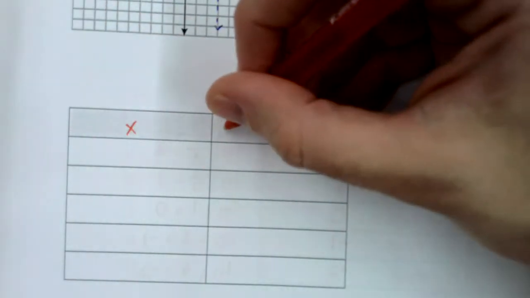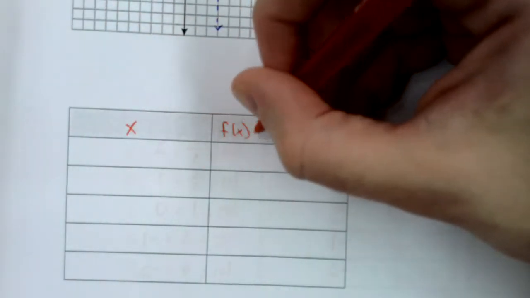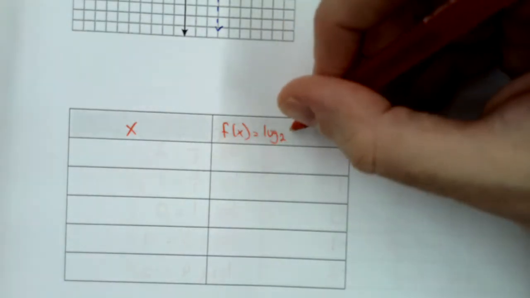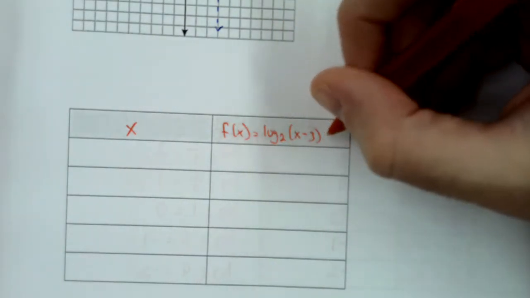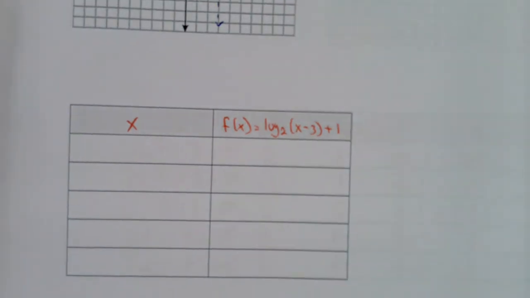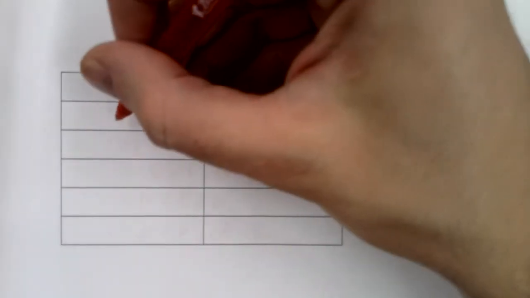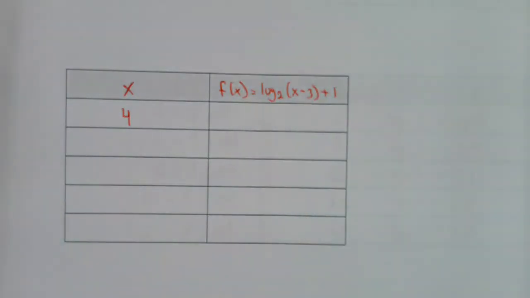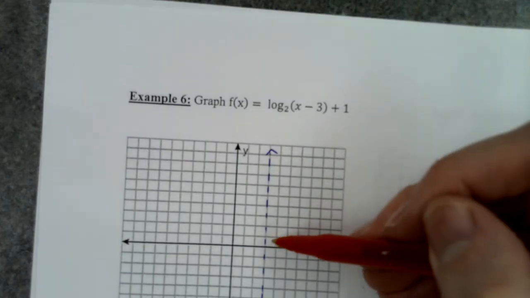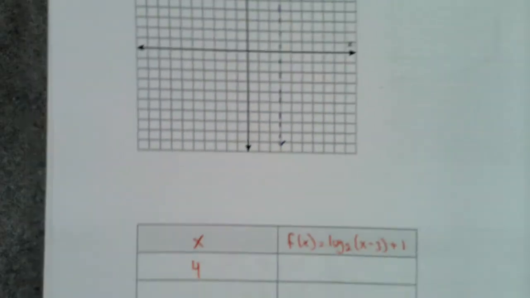Now, let's go to our table. You really need to be smart when you pick your x values for this one. This is really difficult. But I'm going to choose x equals 4 for my first x value, because if you look at it, you can't even have 3. So let's do x equals 4.